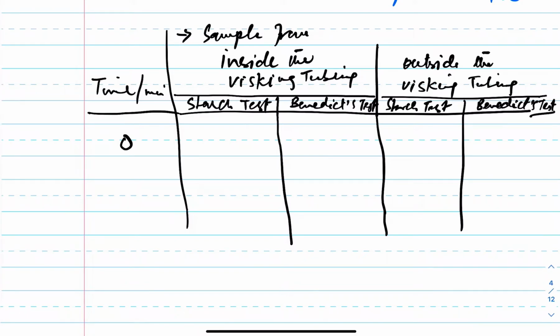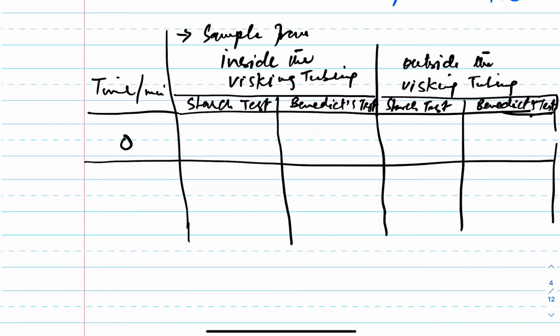So what will be your observations at 0 time? You will see blue-black color inside the whisking tubing for starch, and you may see brick red color when the solution from the inside has been tested with Benedict. And outside the whisking tubing, this would have maybe orange color for starch, and this would have blue color for Benedict at the start of the experiment.